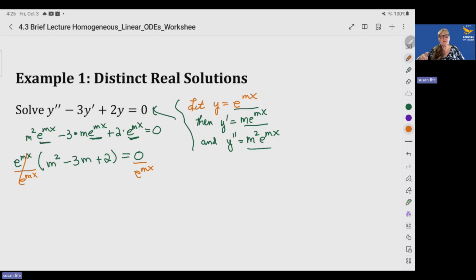And 0 divided by anything other than 0 is 0. And that leaves us with m squared minus 3m plus 2 equals 0. This is called the characteristic equation.